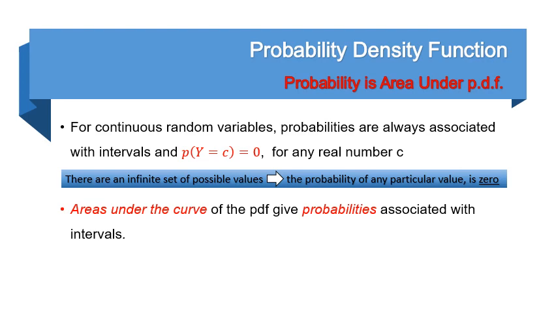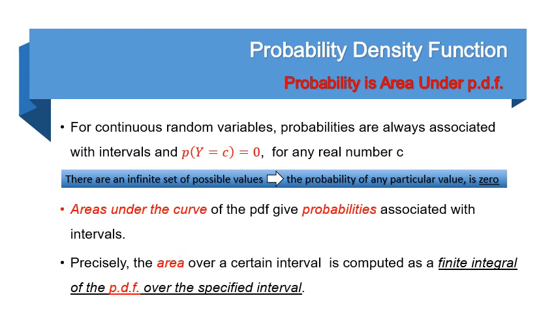So probability is area; please remember, probability is area, and it even gives you the meaning for the probability at a value equal to 0. If you always associate that the probability in the continuous case, time, age, and so on, for an interval is an area, can you get an area at a specific point?